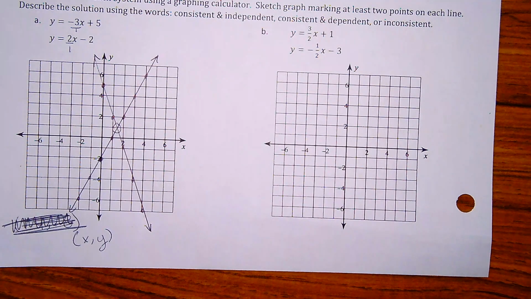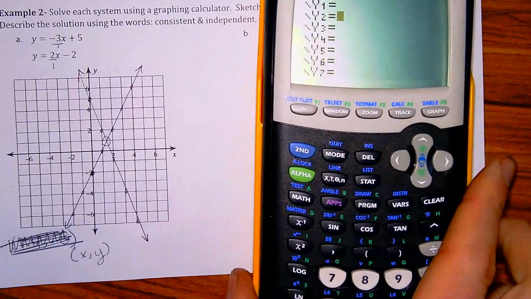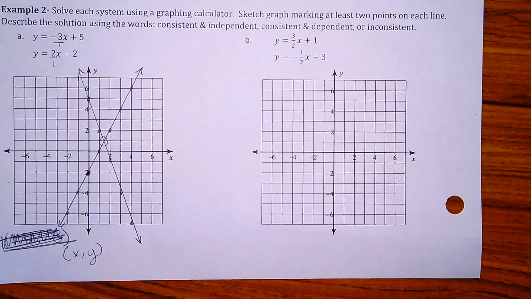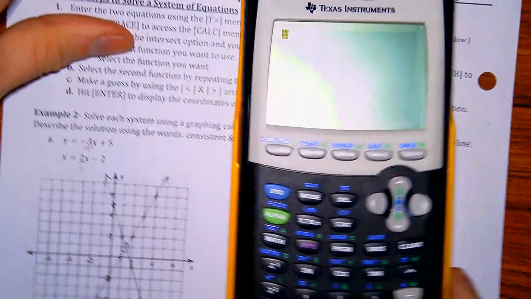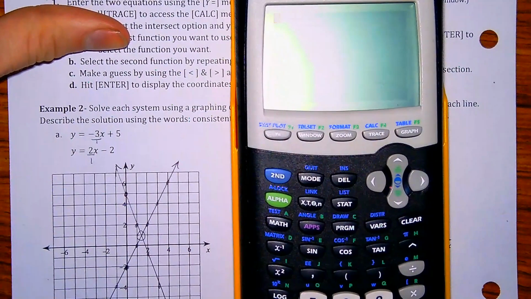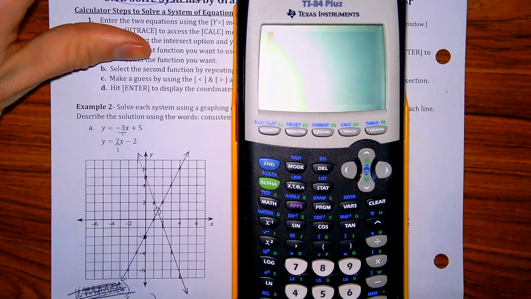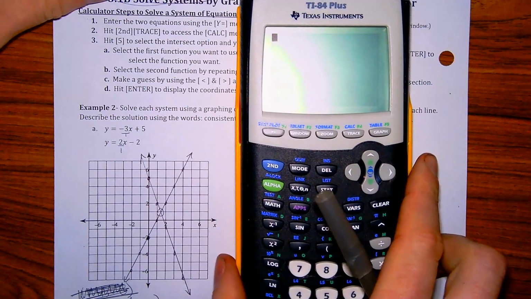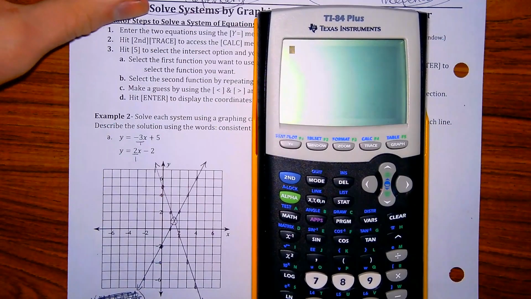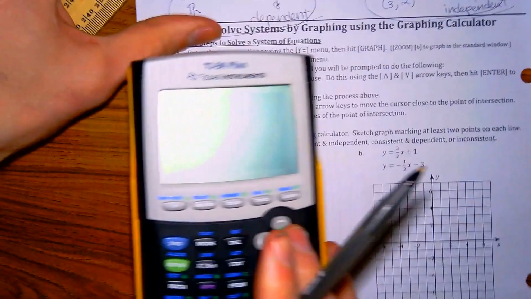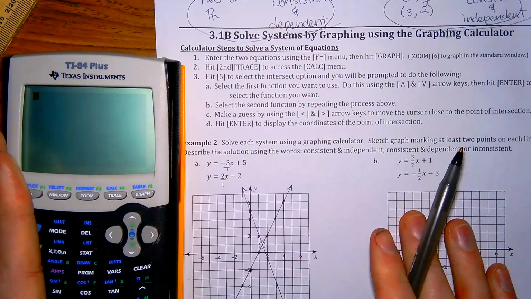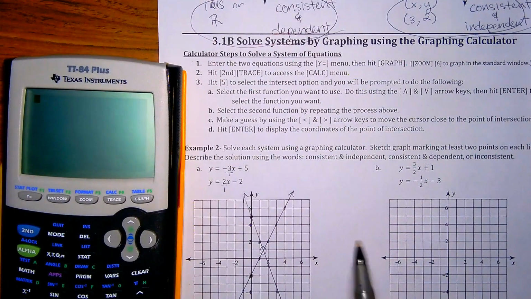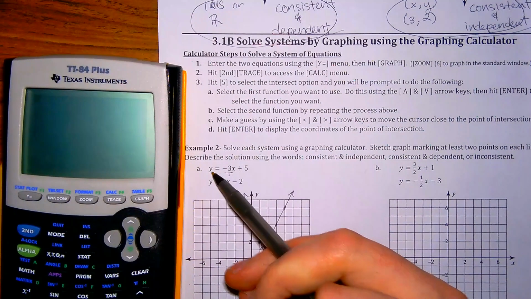Okay, I want to go over here and show you how we can do this. So I'm going to pull up the graphing calculator and zoom out to here. Follow along. Graphing on a calculator is actually very easy, as long as you have your system already solved for y, meaning y has already been solved for. You can see y equals is already there.